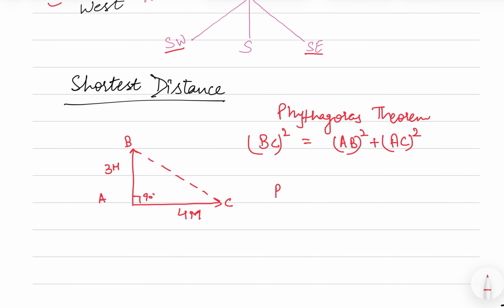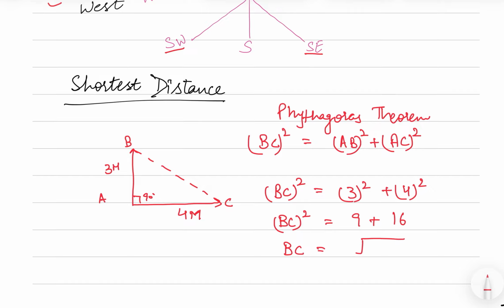So BC square is equal to 3 square plus 4 square. BC square is equal to 9 plus 16. BC is equal to under root of 25. 25 can be written as square of 5. So BC is equal to 5. So the shortest distance between the 2 points will be 5.